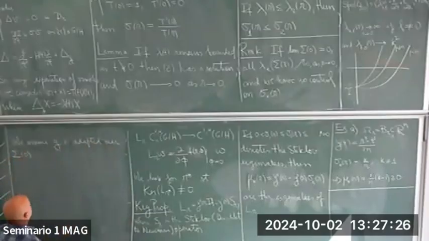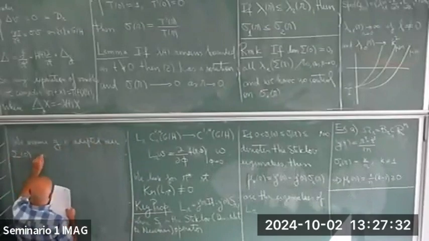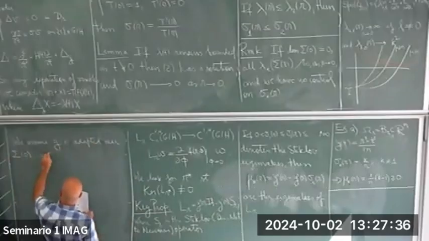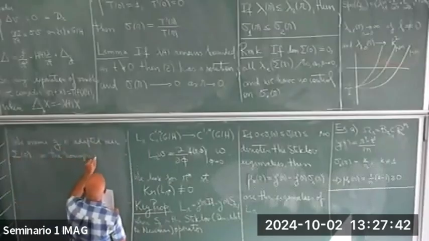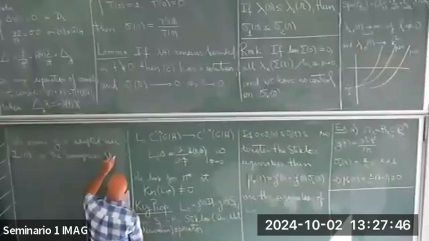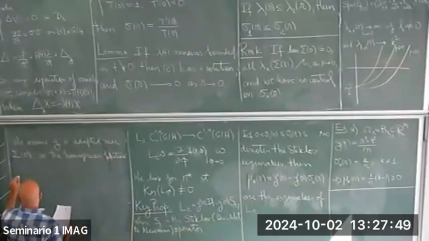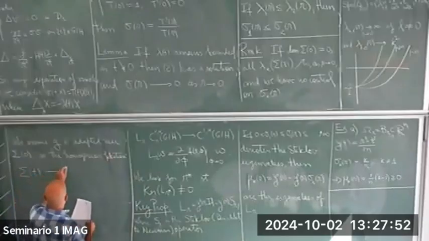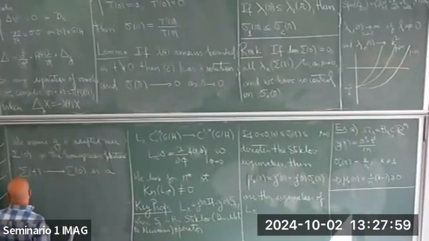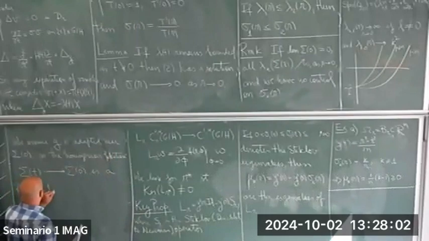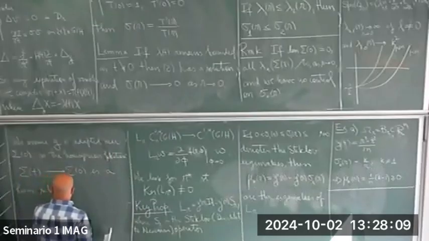I will skip the precise definition, but in this case, the homogeneous perturbation fibers sigma t over sigma zero as a Riemannian submersion, up to scale.